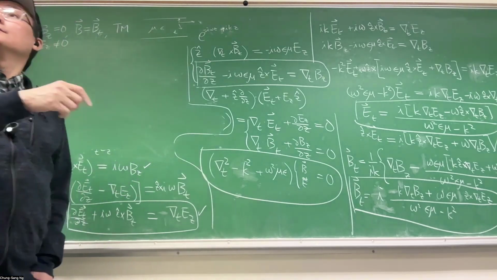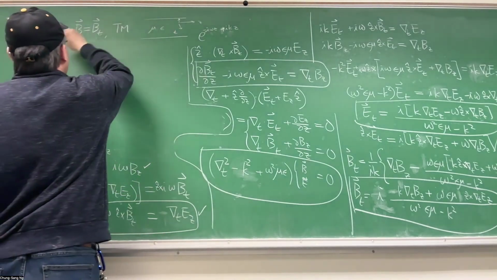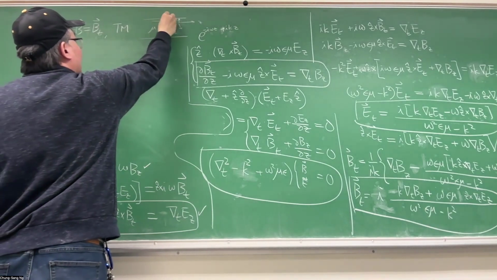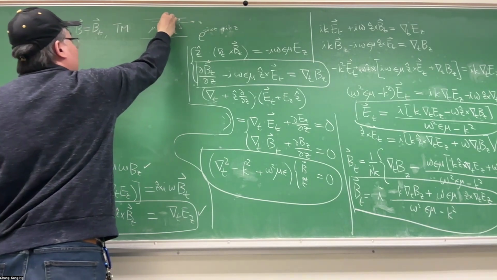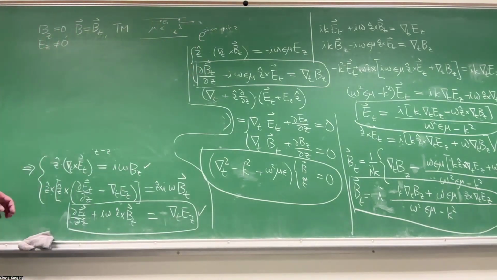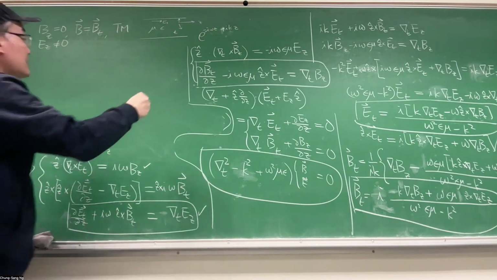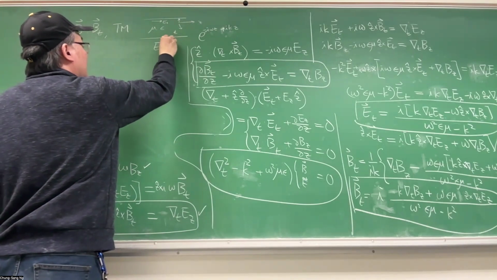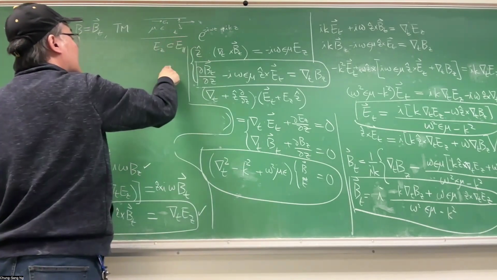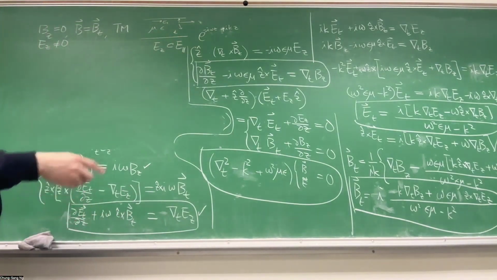Because E sub c is parallel to the conductor, always parallel to the wall, right? Because this is a cylindrical waveguide along z. So E sub c is part of the parallel component. Part of the E parallel, right? Because E parallel has two components.